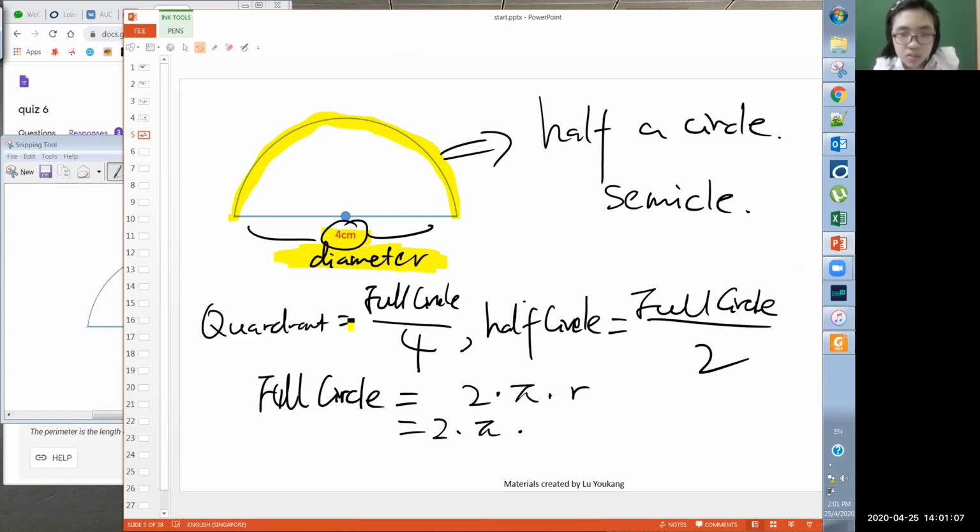Diameter is 4 cm. Wait. This is the diameter, you tell me, right? And what is the value above the word diameter? 4 cm. So is 4 cm the diameter or the radius?